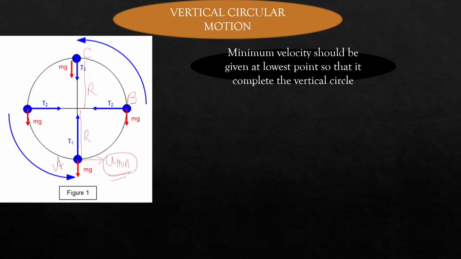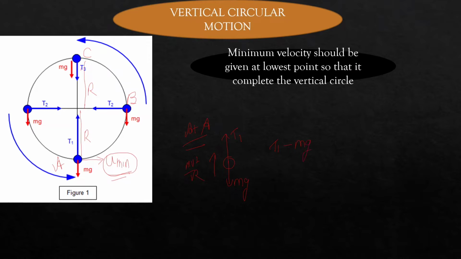First of all, draw the FBD at the lowest most point. As I have shown here, there is tension T1 and mg at A. I am drawing the FBD at A. After drawing the FBD, we do different analysis. There is a centripetal force towards the center, because the ball is moving in a circular path, so that must be applied.